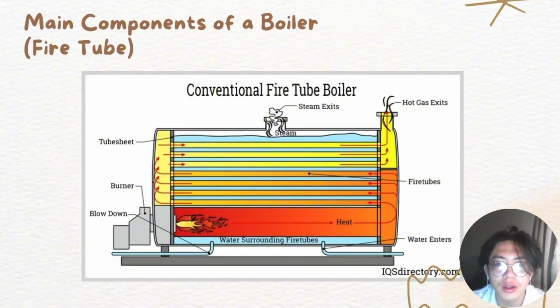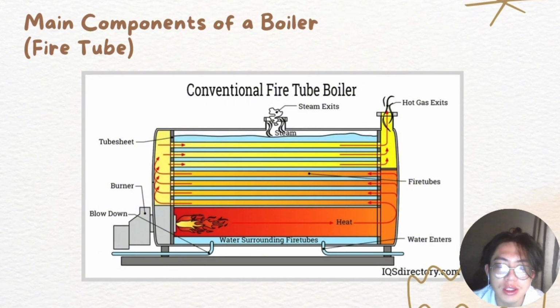Here we can see main components of a boiler for fire tube category. So in the diagram, this is the conventional fire tube boiler. First of all, on the left side bottom, we can see the blow down, and then it will heat, and then we can see the burner, and it will heat up the fire tube along the boiler, and then eventually the water will be heated, and until reach a certain temperature, it will become hot water and steam.